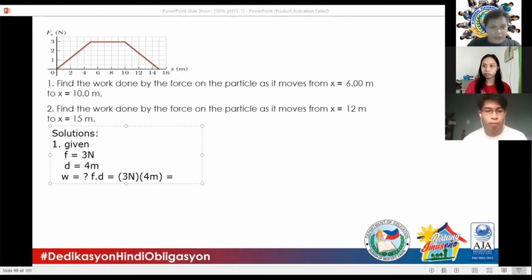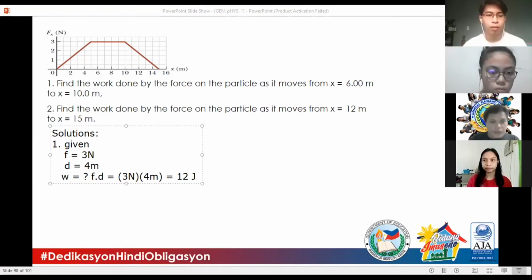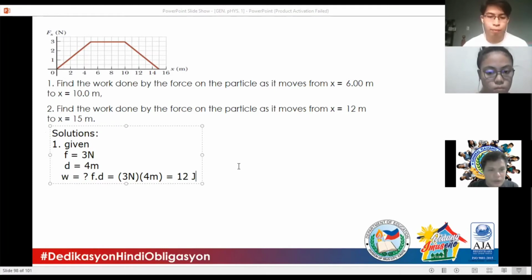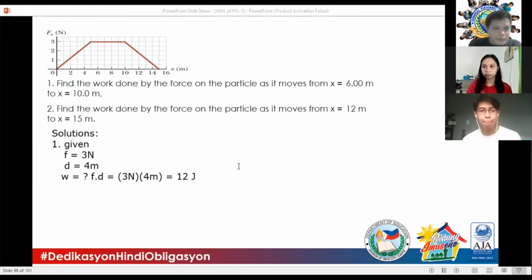Therefore, you will get 12 newton meter. 1 newton meter is equals to 1 joule. Okay?